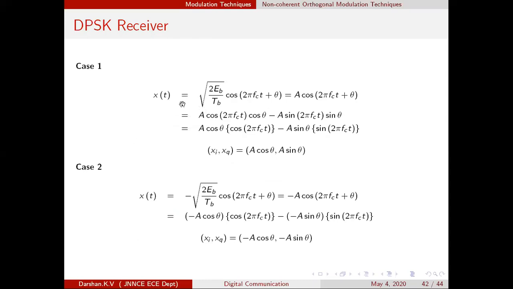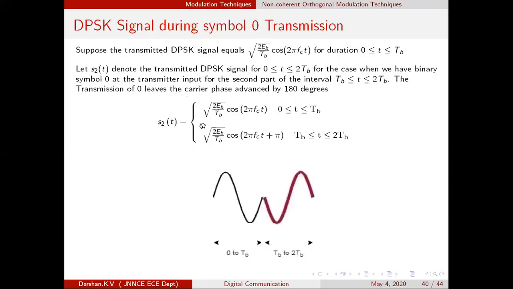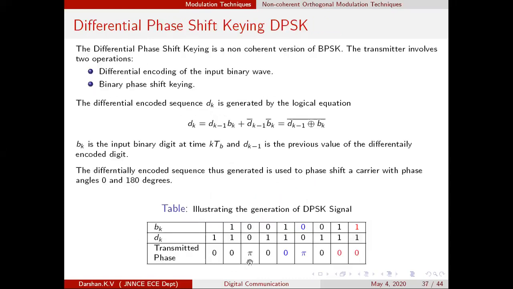Now, if you observe the DPSK, each column indicates a particular time interval. During each time interval, you are transmitting the carrier. If you want to transmit 1, you will leave the phase of the carrier the same.